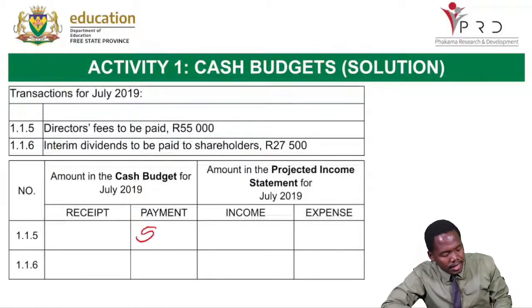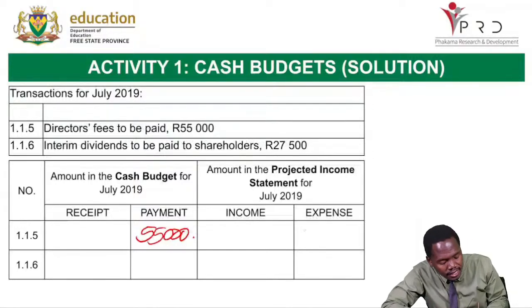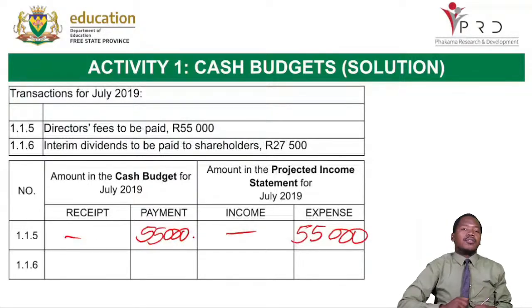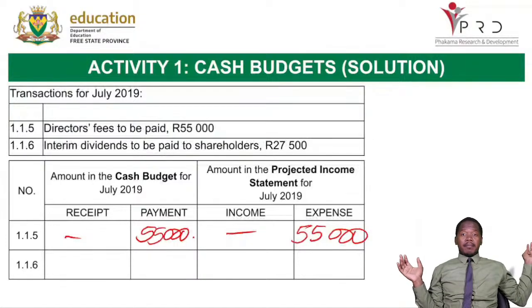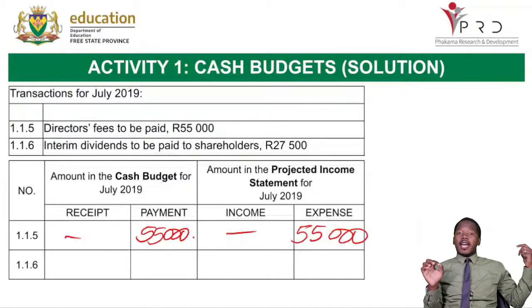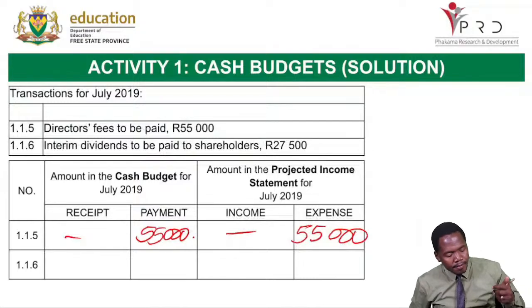So I'm paying for directors' fees. Directors' fees is not an income for the company, but directors' fees is an expense for the company. So we will record only twice. Remember, you can't record everywhere, because if you're recording 4 times, then we deduct marks for doing so.